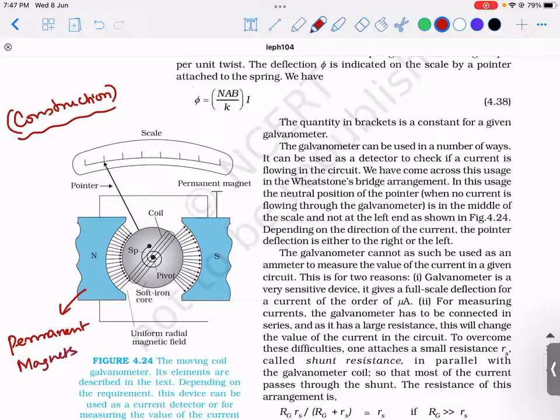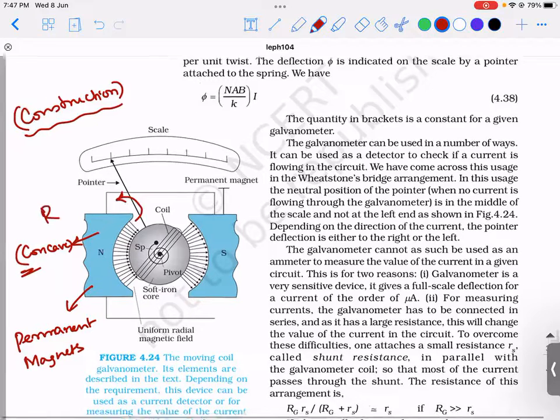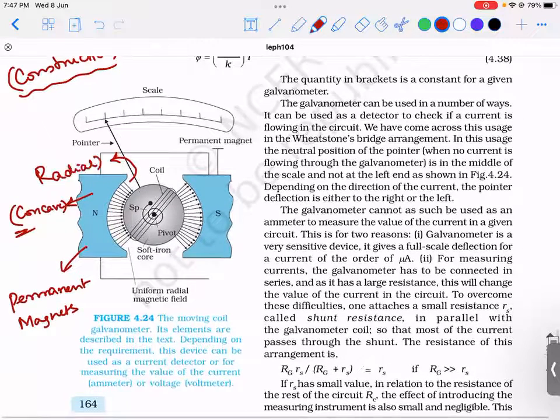If you observe these permanent magnets, they are concave in shape. The reason for them to have a concave shape is they generate radial magnetic fields. So why do we have a radial magnetic field?